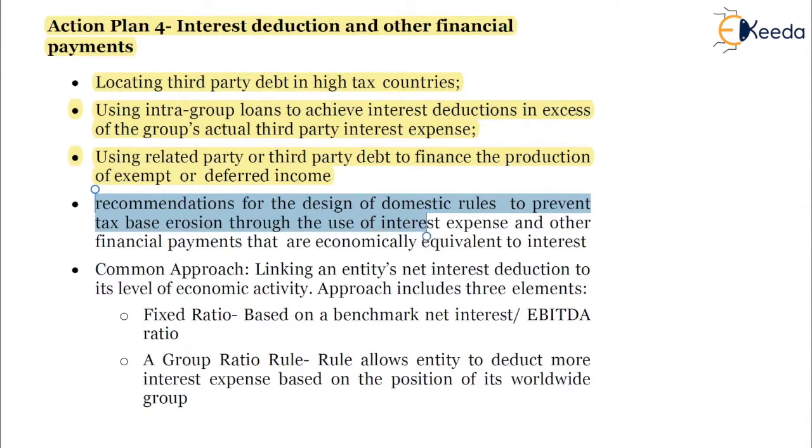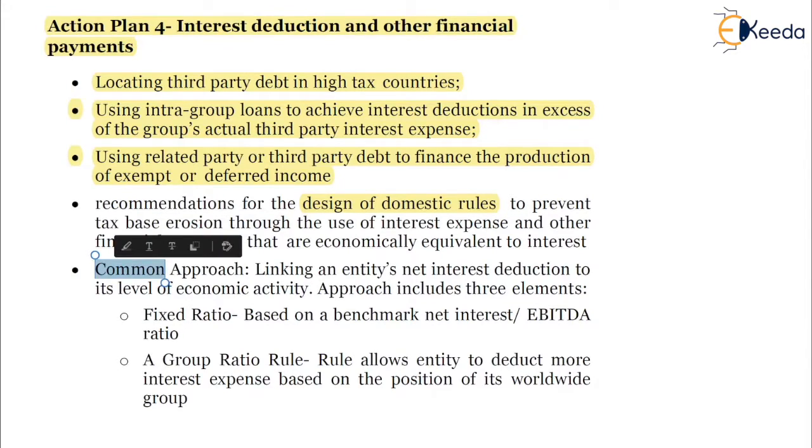Recommendations for the design of domestic rules to prevent tax base erosion through the use of interest expense and other financial payments that are economically equivalent to interest. So recommendations are to design the domestic rules in such a way that they prevent tax base erosion through deduction of interest or similar payments.